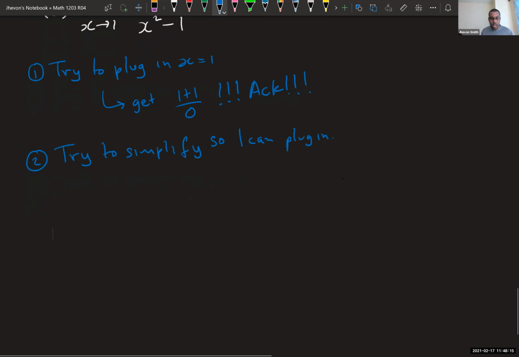So at this point, you would finally conclude, so this means the limit as x approaches 1 of 1 over x minus 1 does not exist. And you can write, say, one-sided limits don't agree.